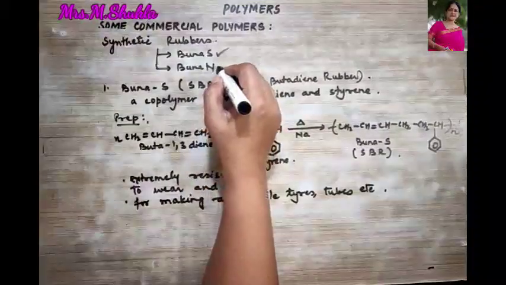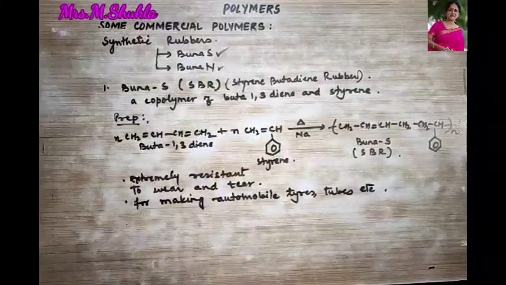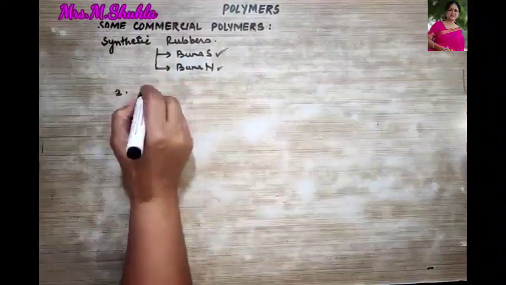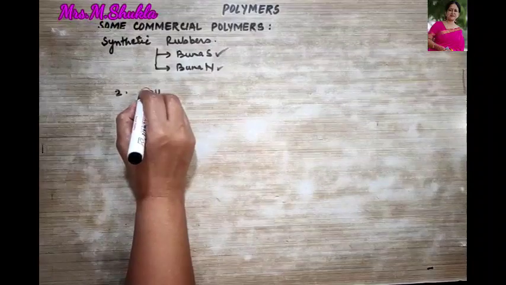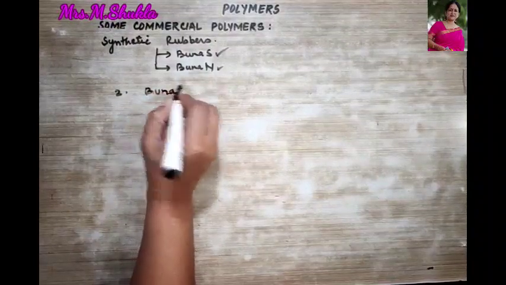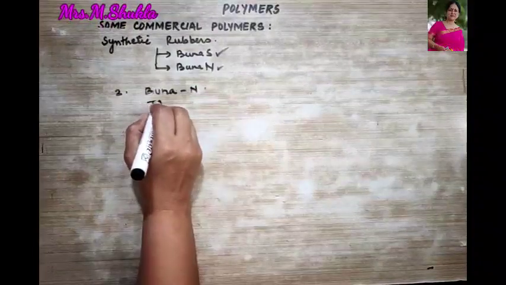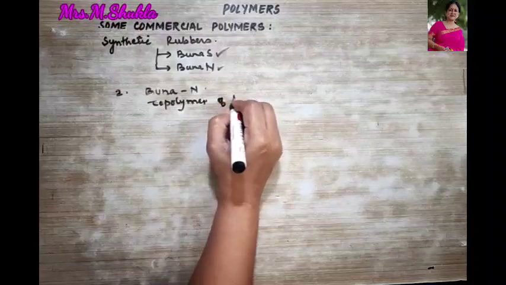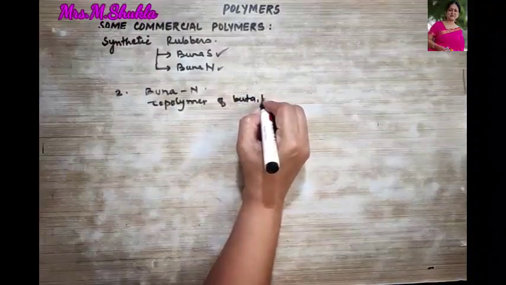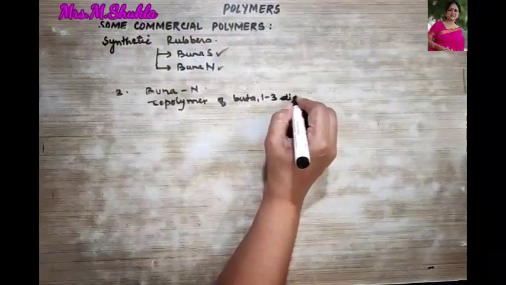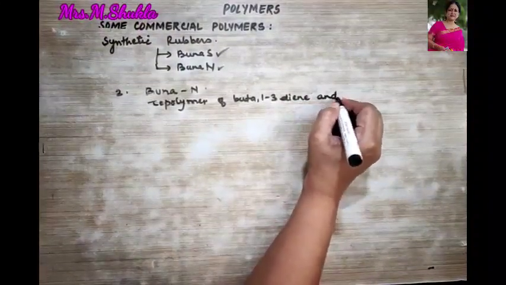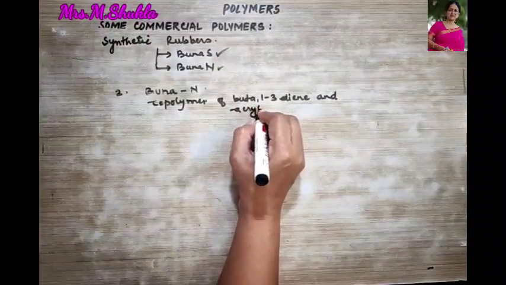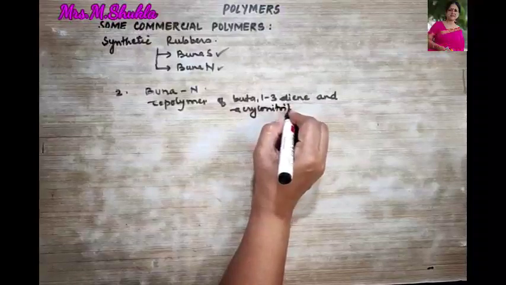Now I am going to talk about Buna N, and then we are going to see the difference between the two. Let us see the second synthetic rubber, that is Buna N. It is a copolymer of buta-1,3-diene and acrylonitrile.